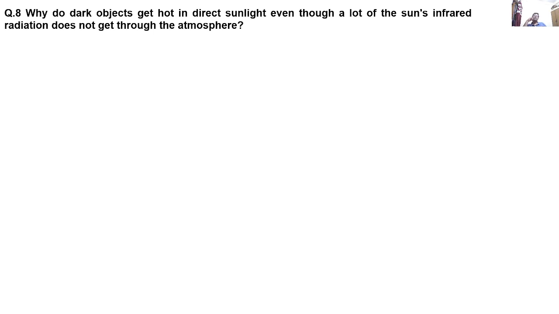Next question, why do dark objects get hot in direct sunlight even though a lot of sun's infrared radiation does not get through the atmosphere? That is a very interesting question, and this question is actually conceptual. So dark objects are actually good at absorbing all the types of electromagnetic radiation waves, and they will also re-emit them as infrared radiation. So that is the reason.